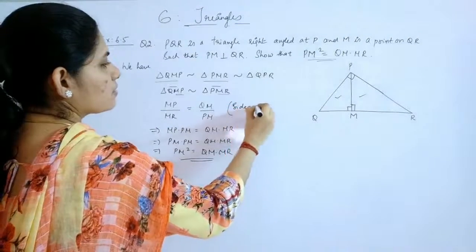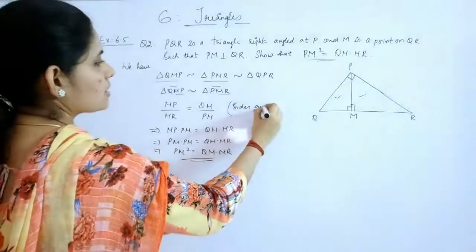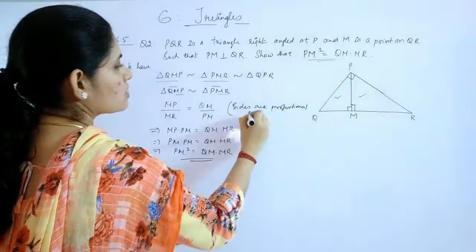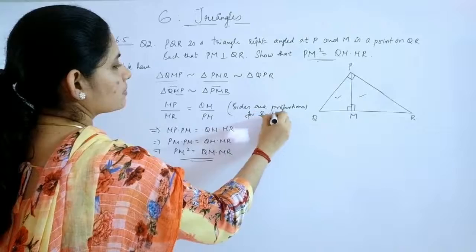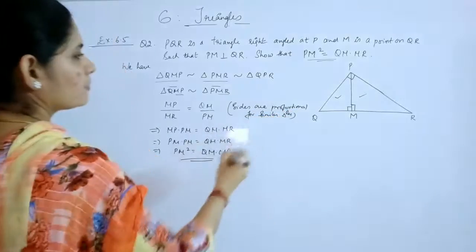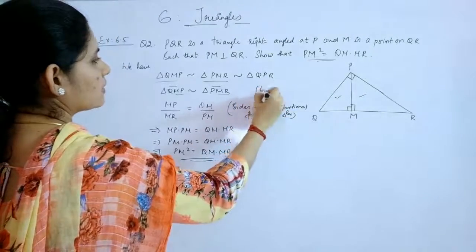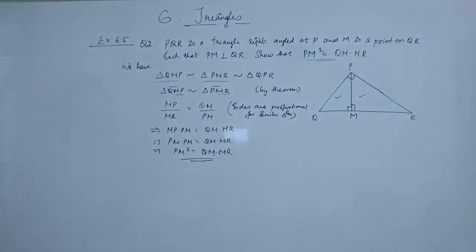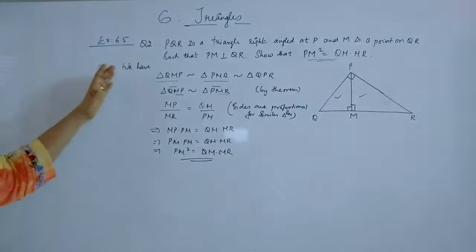Sides are proportional for similar triangles, and this is by theorem. So the theorem statement you need to mention if it is for greater marks.